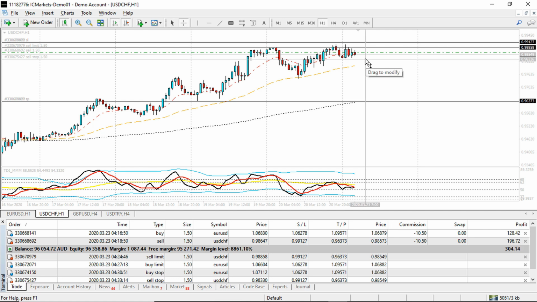So if our pending order, if our sell stop order is at this point, our stop loss becomes about 78 pips, and then our take profit is 192 pips. So that is the major difference between using the various pending order types.